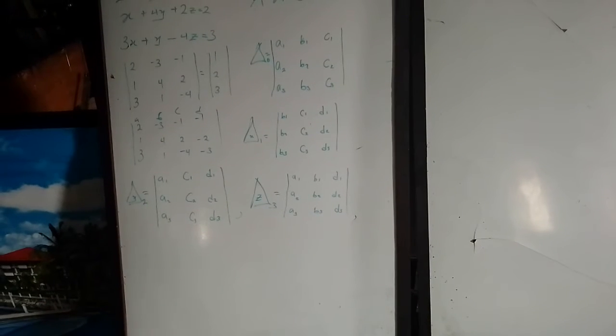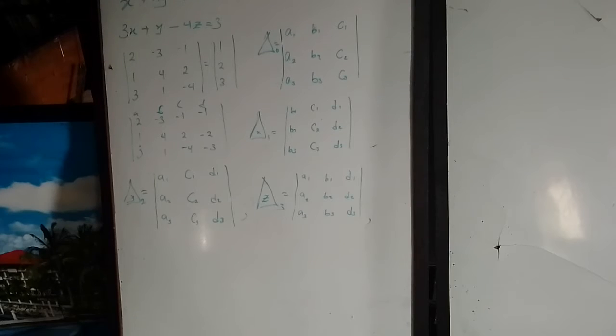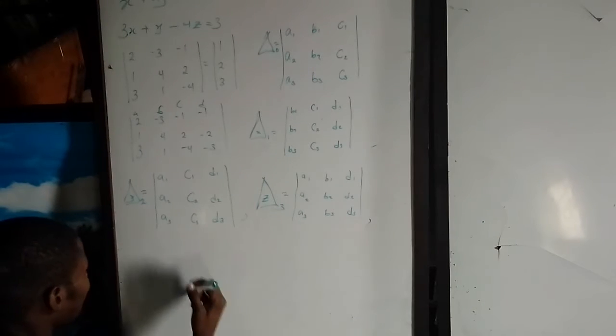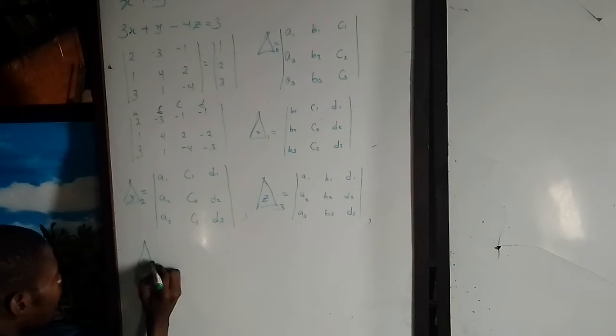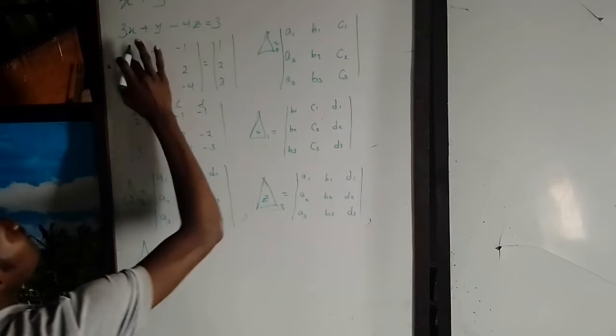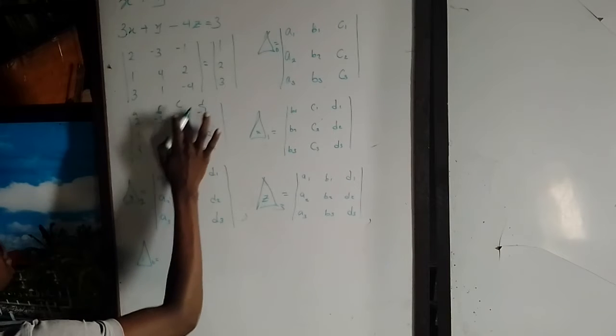Let me use the down one. Let's solve. Let me manage this space. So let's solve for this determinant of 0. We have A. Our A is this, A to BC, everything here.